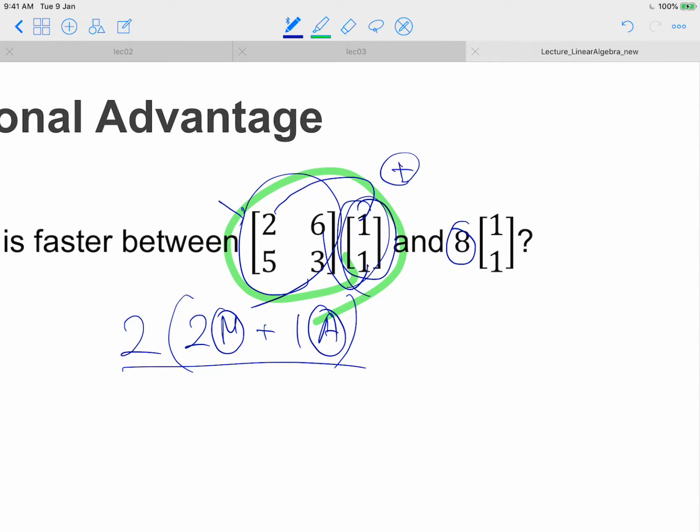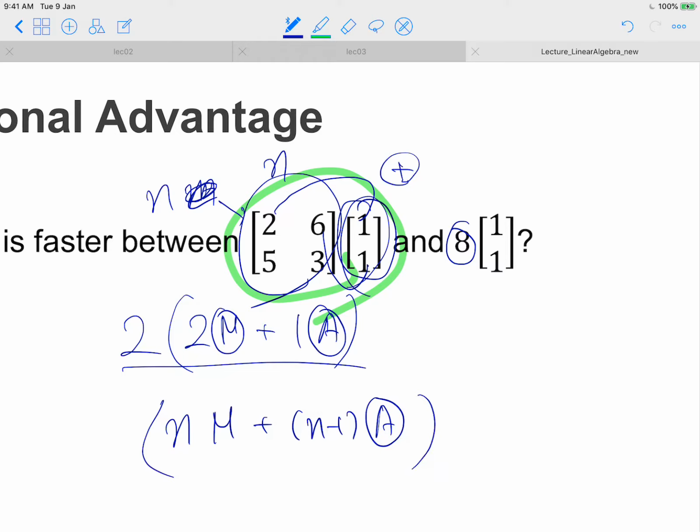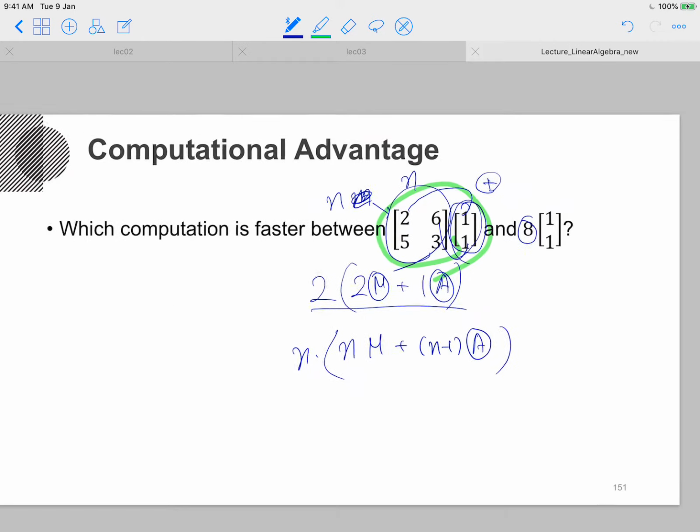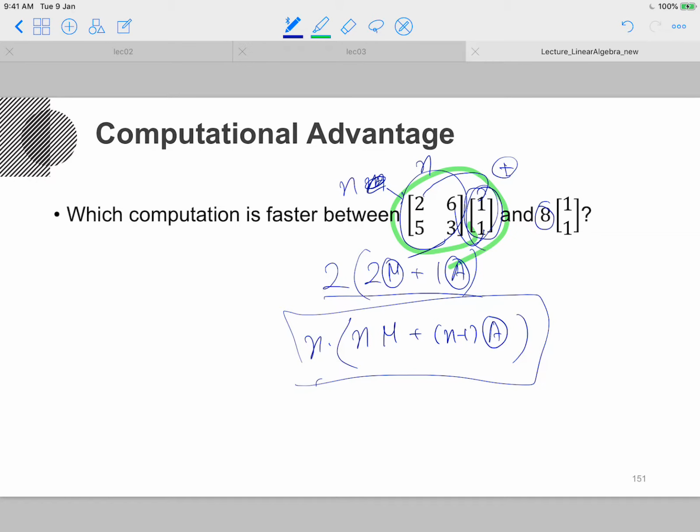So in general, if we are given an n by n matrix and an n-dimensional vector, then n multiplications, right? And then n minus 1 additions, and n times of that, right? So this is the resulting number of multiplications and additions.